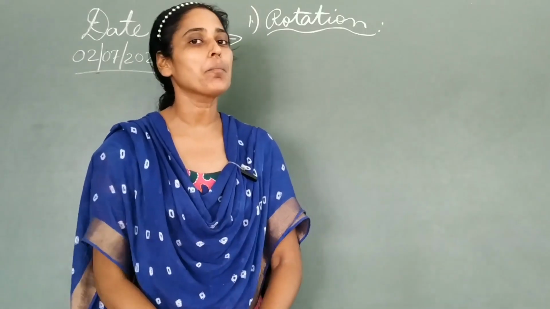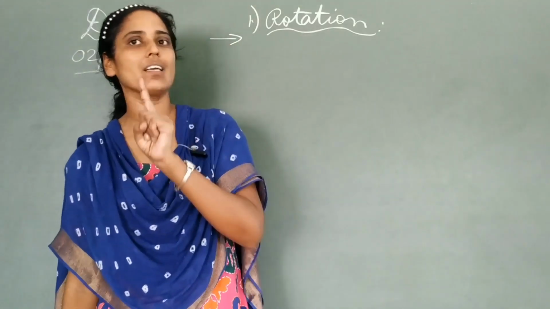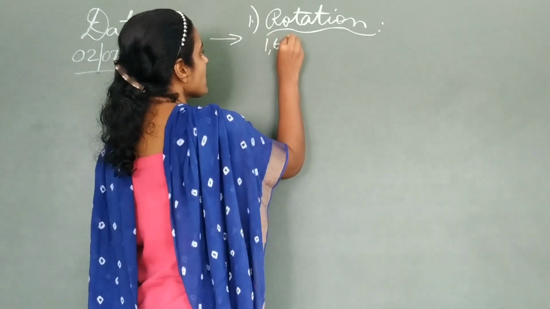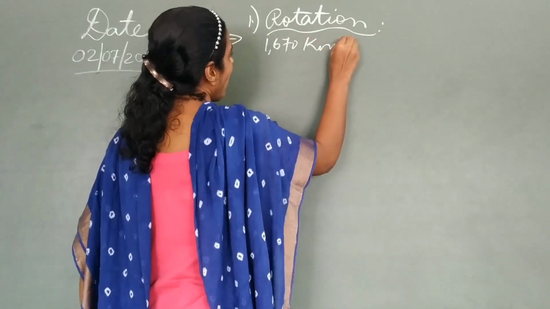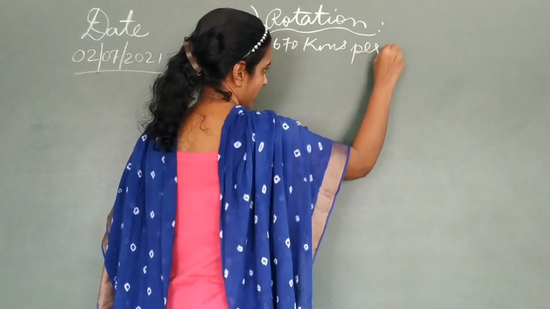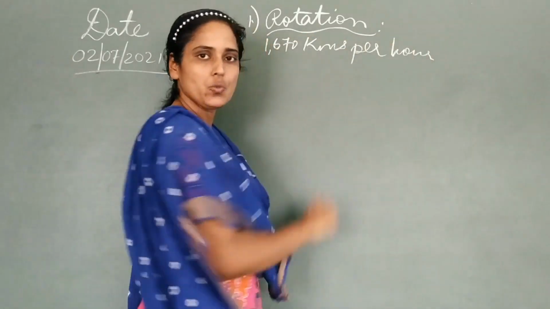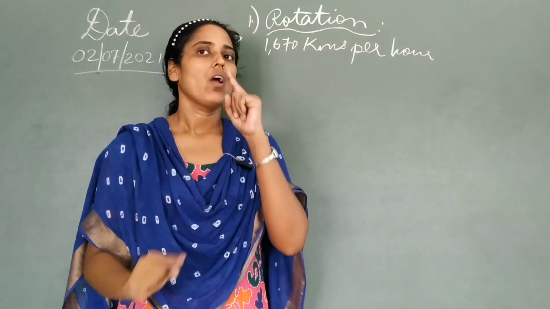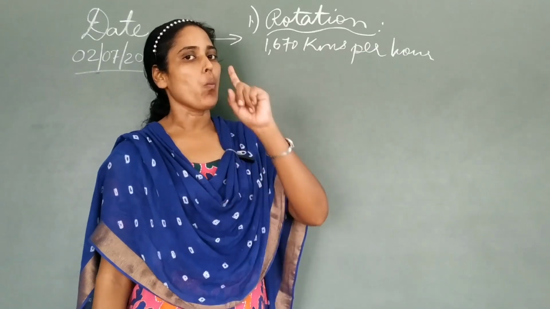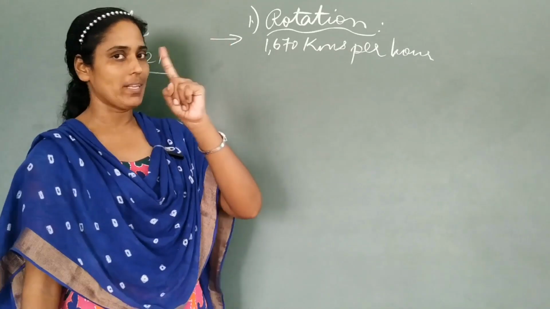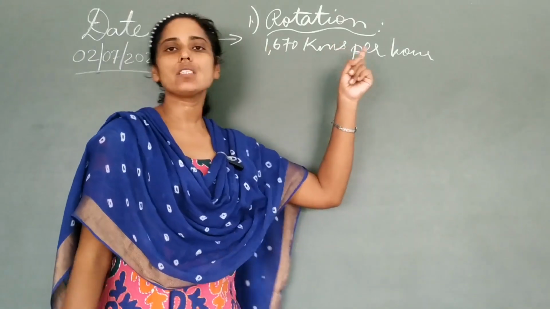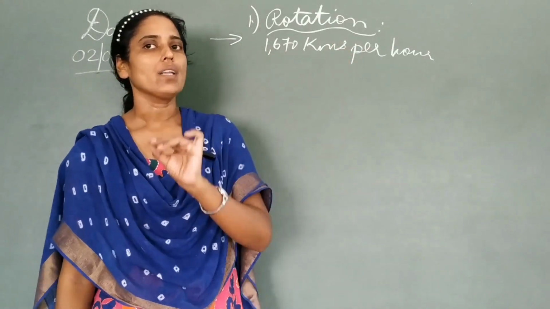So, the Earth completes one cycle, or a single rotation, at a speed of 1670 kilometers per hour on the equator.